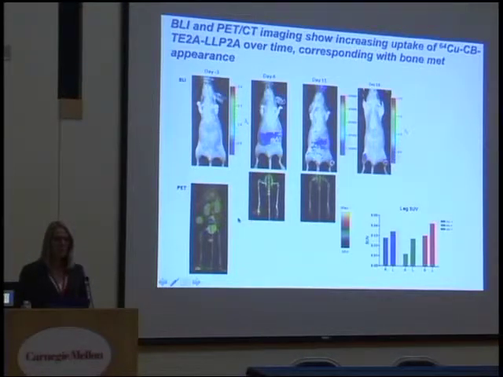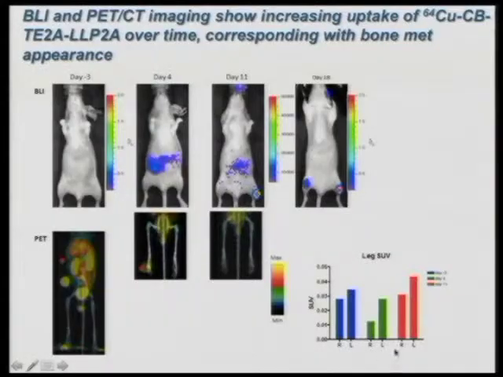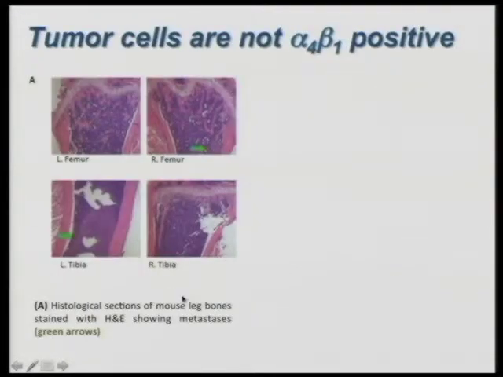And then we do the PET imaging, and we're focusing really on what's going on here. The tumor cells themselves do not express the alpha-4 beta-1, or the VLA4. This is just one animal where, over time, we're seeing an increase in signal in this leg bone. Again, just to emphasize, the tumor cells do not express the integrin.